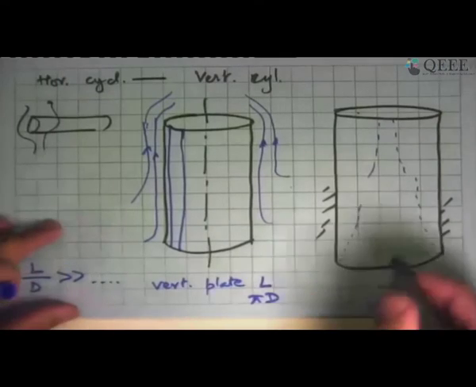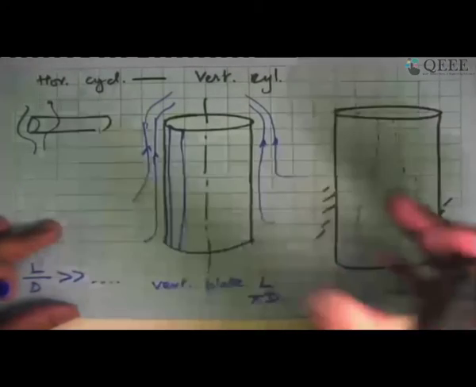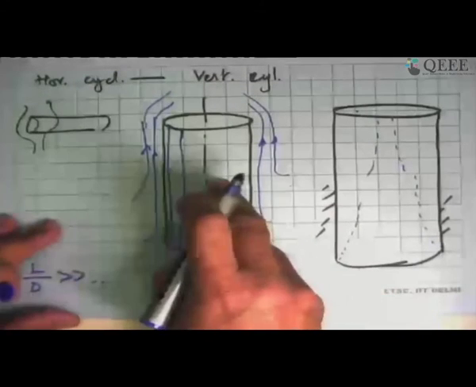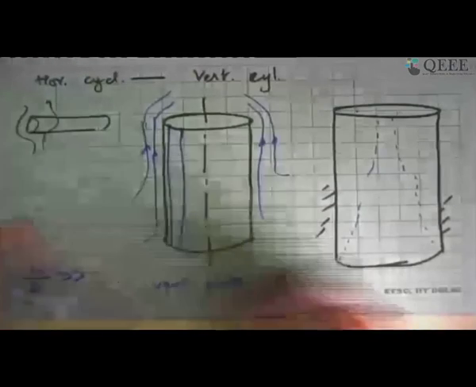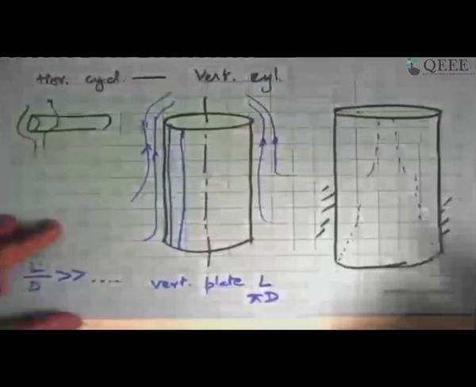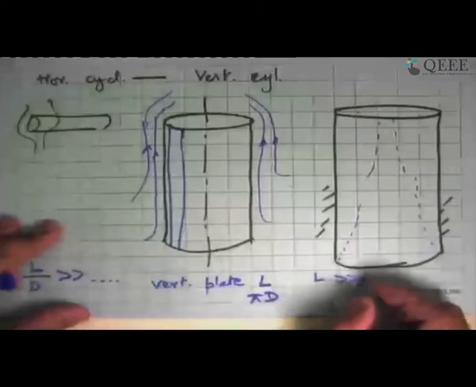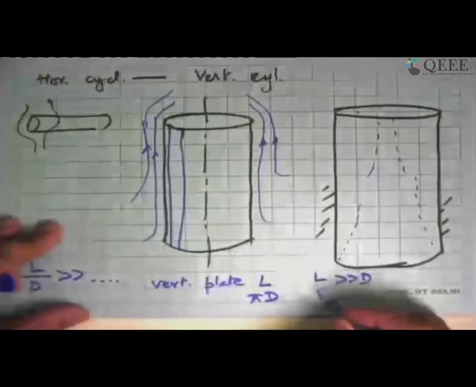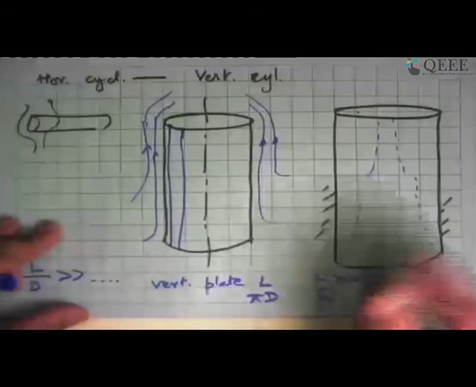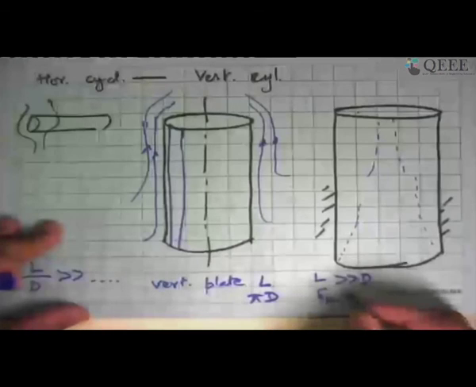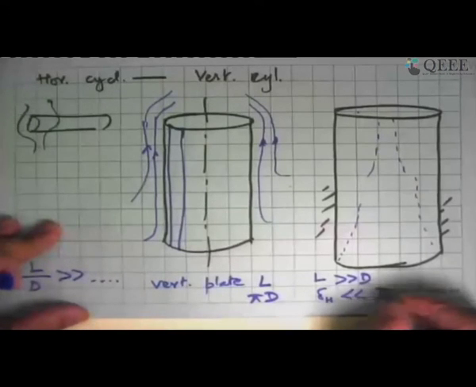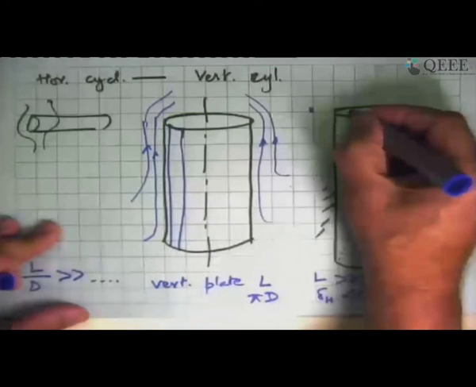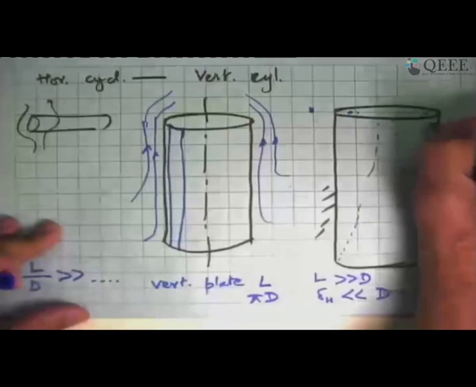Okay, so what's the easiest way to look at it? We say, can I model it in the same way that I model the outside part? The answer is, you can't really do it exactly like that. But again, if L is very much greater than D, or in this case, if the thickness of the boundary layer, say the hydrodynamic or the thermal boundary layer, doesn't matter, is very much less than the diameter, at the top the boundary layer is this thin, this boundary layer is that thin.